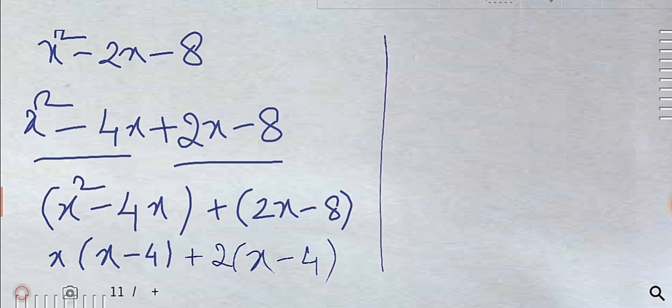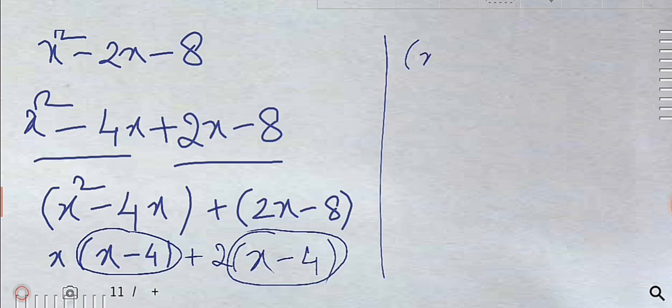Now from these two, you can take out the common factor x minus 4 from the whole expression. If you take x minus 4 out, the remaining terms are x plus 2. That means these two are factors of the given quadratic polynomial.